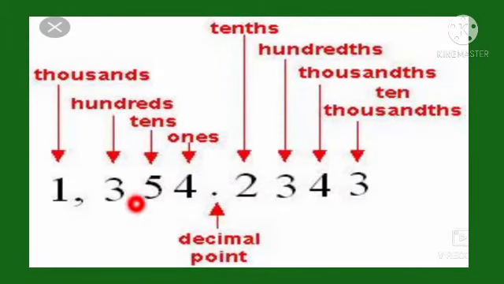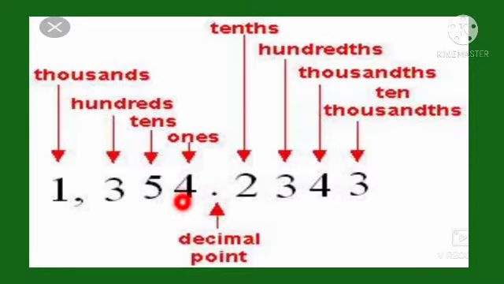Now, see the decimal number. We know that here the dot is known as the decimal point. The part before the decimal point is known as the whole part or integral part. And the part after the decimal point is known as the fractional part or decimal part.